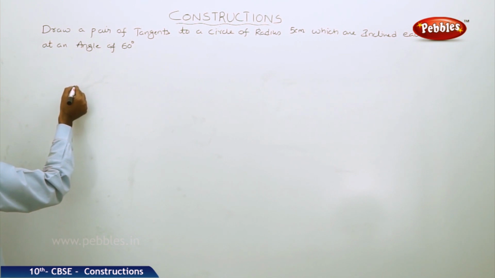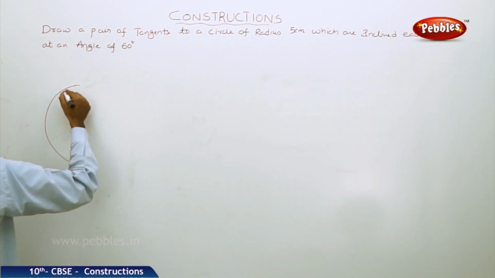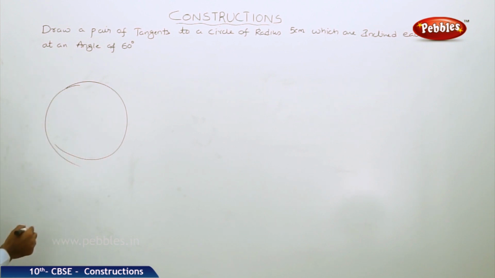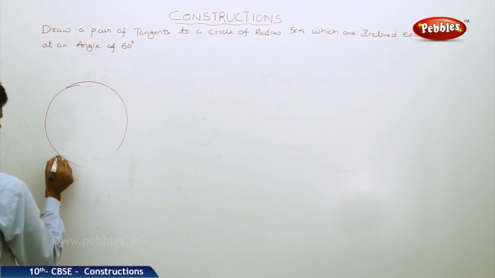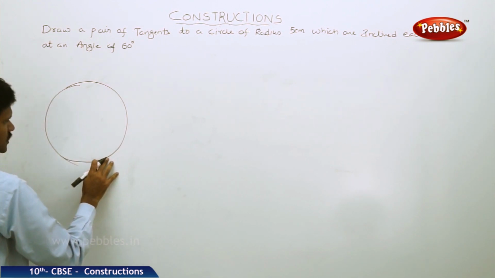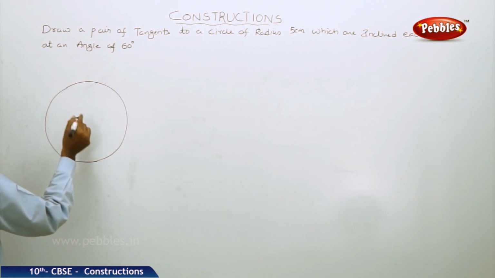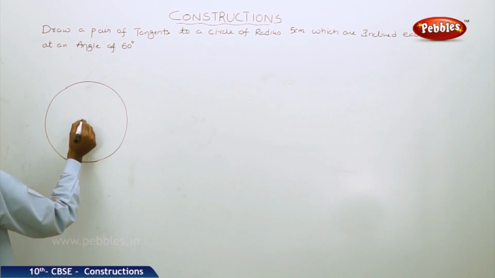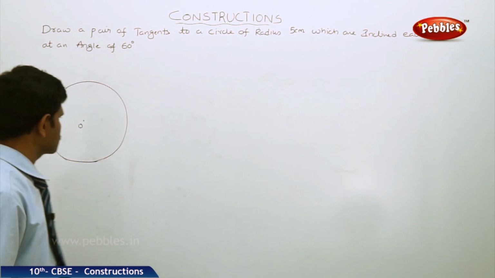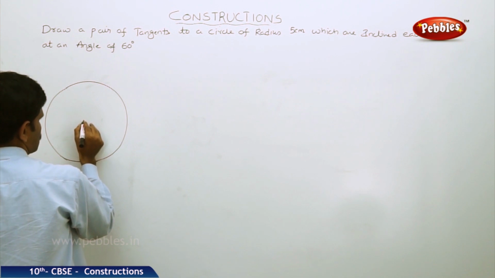Draw a circle of radius 5 centimeters. Let O be the center of the circle and produce this line up to some extent.